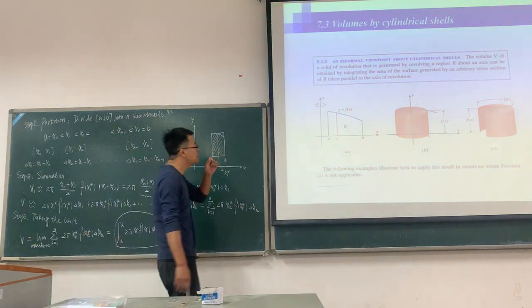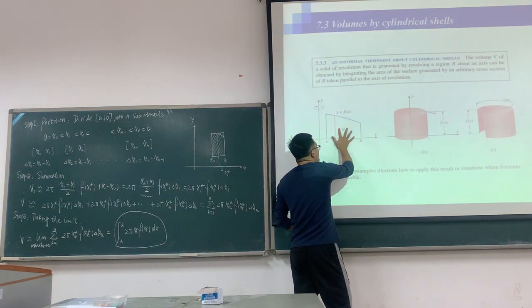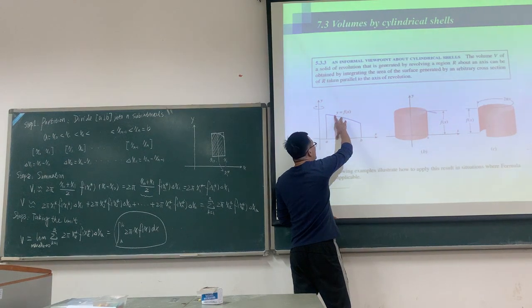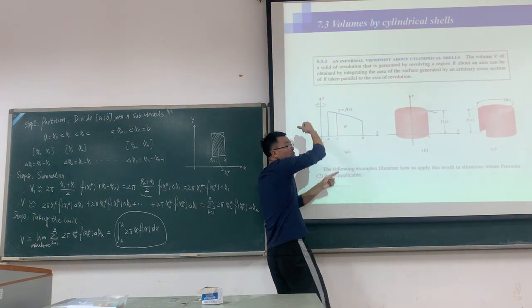Now we can see this is the region R, and we choose a line here. We revolve this line about the y-axis.